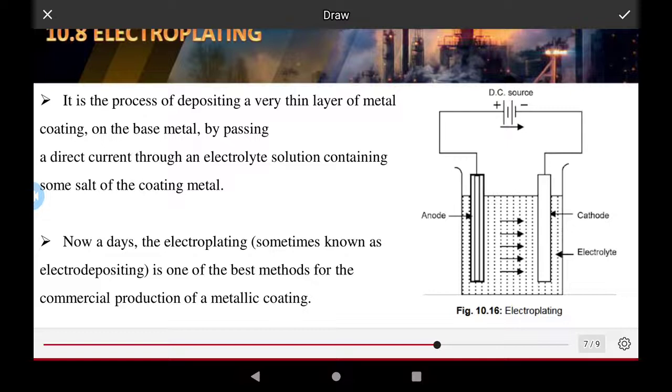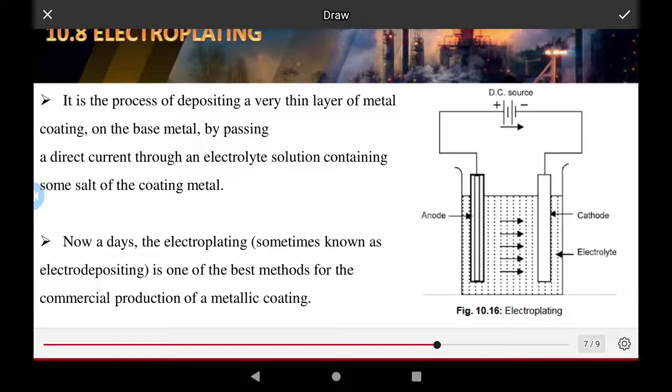Electroplating, in this operation, uses a DC source. The deposition of a layer of metal is done on the base metal by passing a direct current through an electrolyte solution containing a salt of the coating metal. Nowadays electroplating is sometimes called electrodeposition, by the sharing of electrons between the anode and cathode with the help of the electric current.